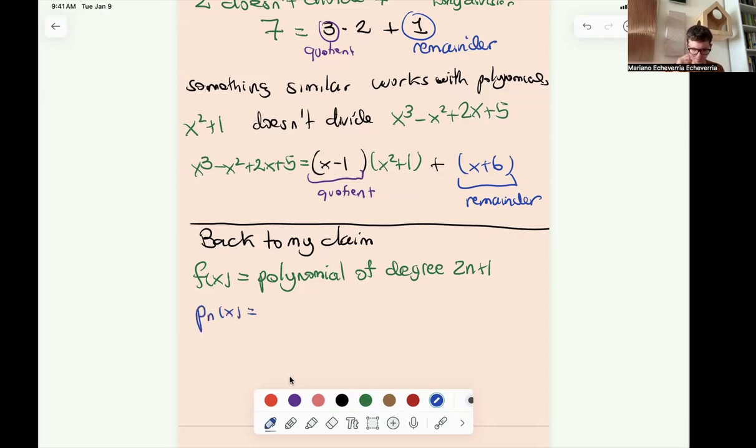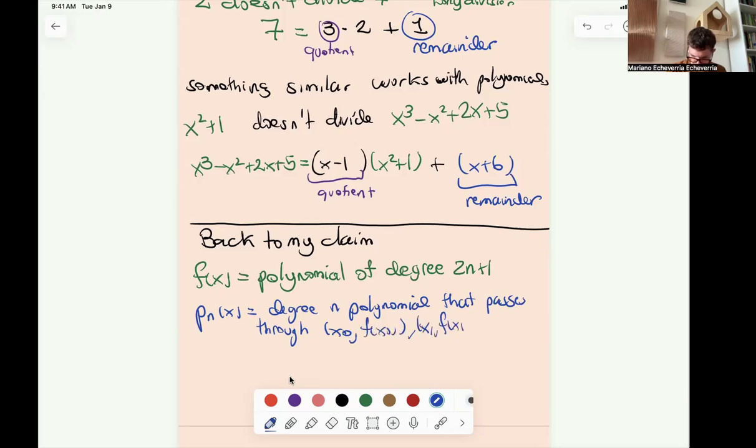So this is the degree n polynomial that passes through x0, f of x0, x1, f of x1, up to xn, f of xn, right?